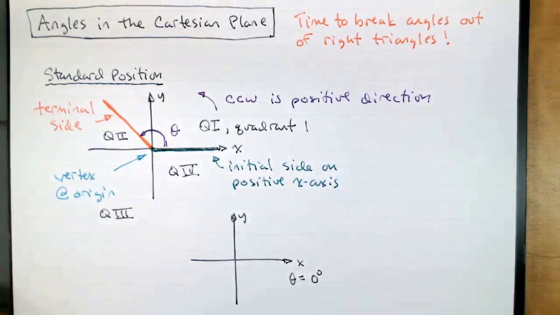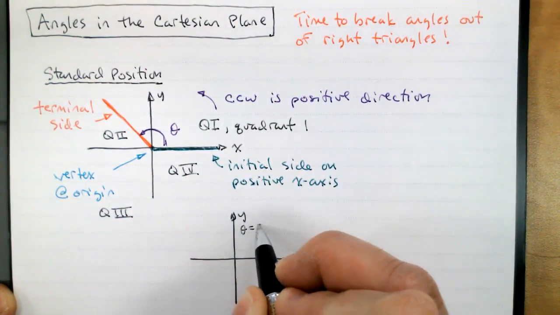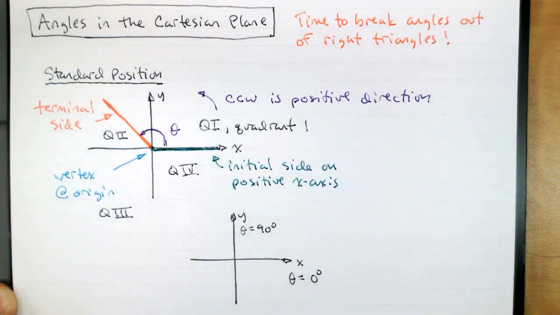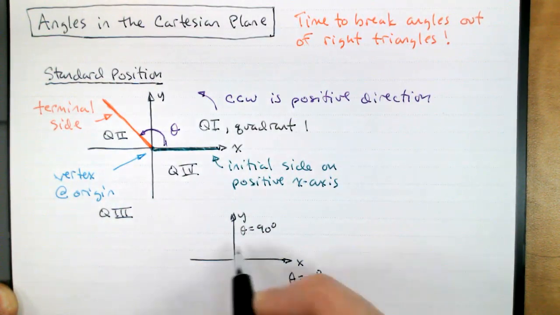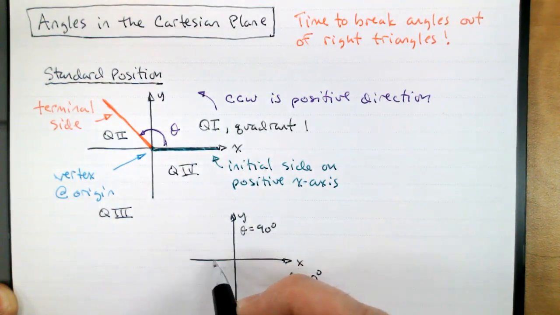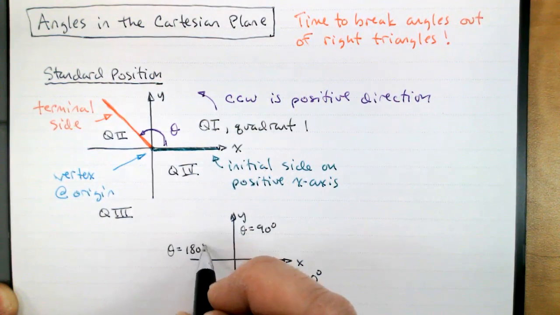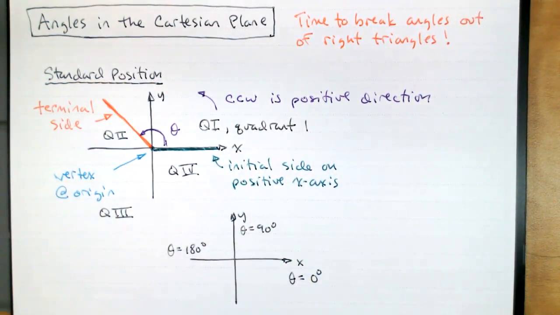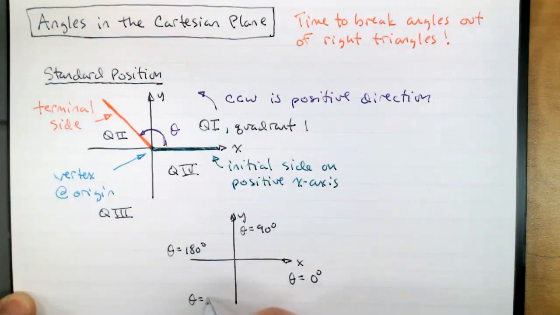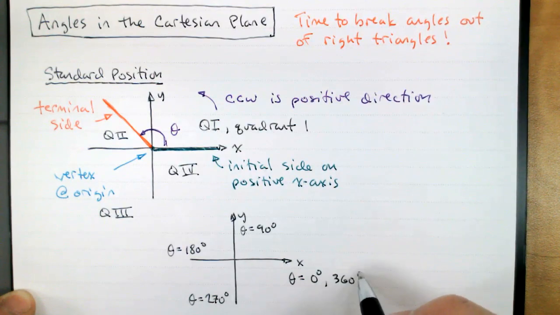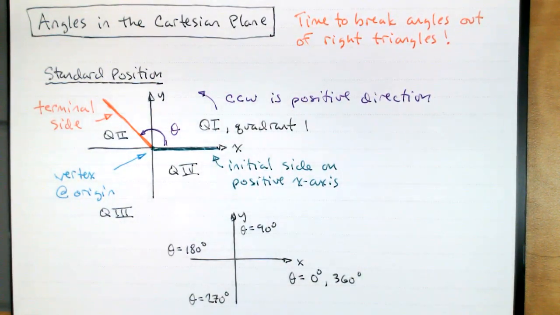So we hit 90 degrees up at the positive y-axis. When we get to the negative x-axis, at the end of quadrant 2, that's where an angle will be 180 degrees. So angles between 90 and 180 will be in quadrant 2. Between 180 and 270 will be in quadrant 3. And then we go back to the beginning. Between 270 and 360 will be in quadrant 4.